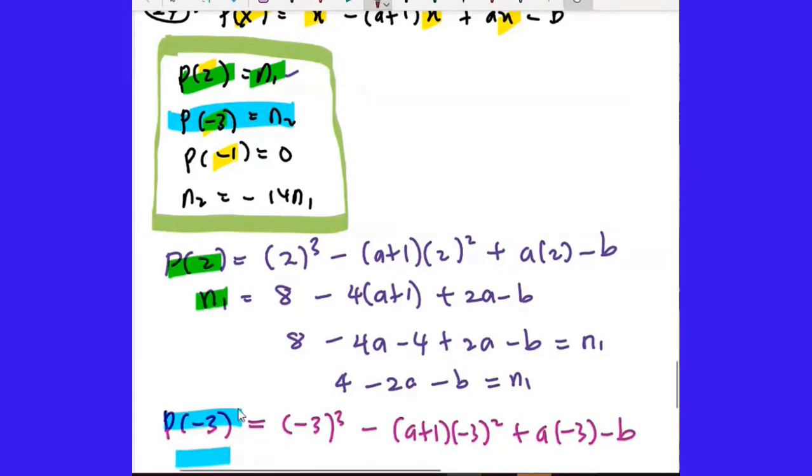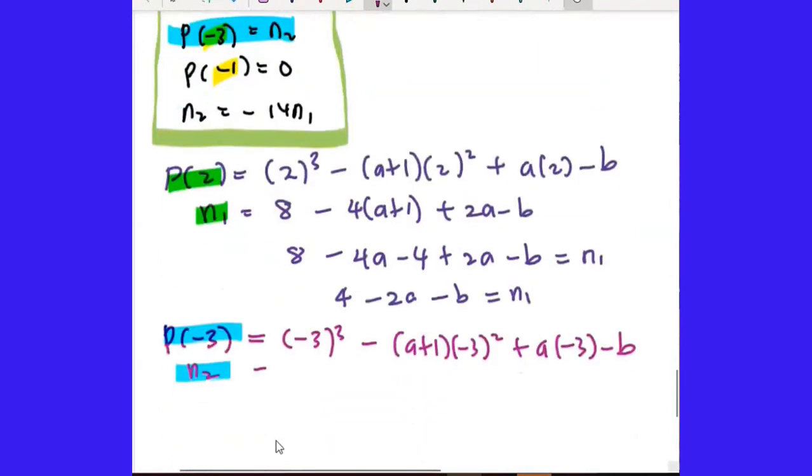Okay, so this is N2. Negative 27. Okay, this is 9, 9A plus 1, AA, minus 3A minus B. Or simplify more, expand.